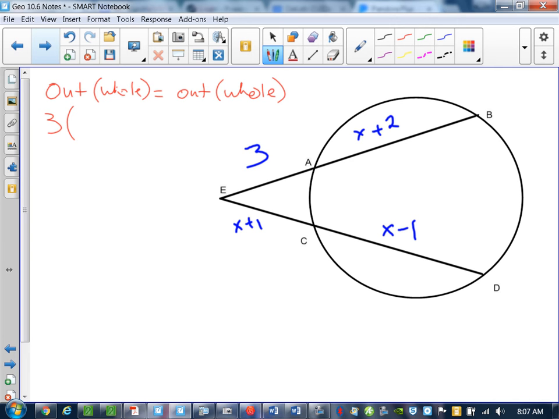The outside part is x plus 1. The whole thing is x plus 1 plus x minus 1, otherwise known as 2x.